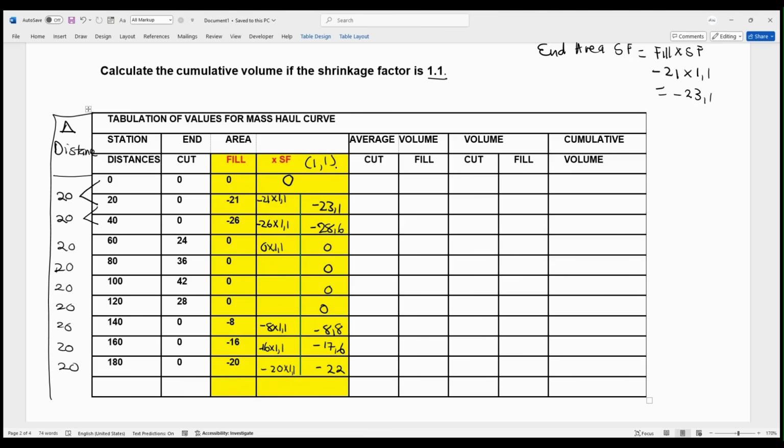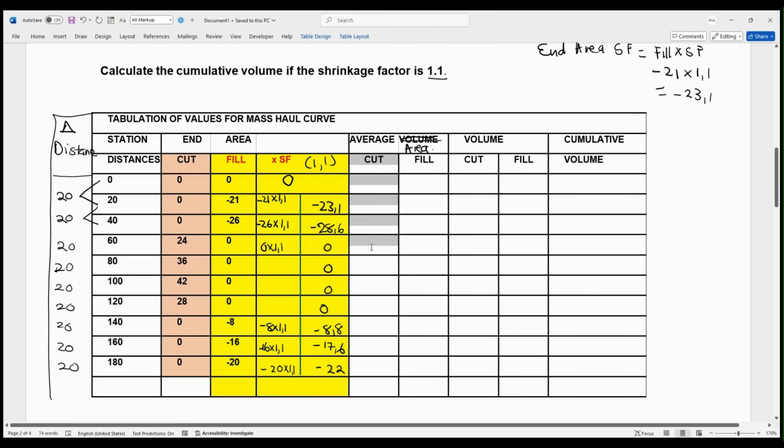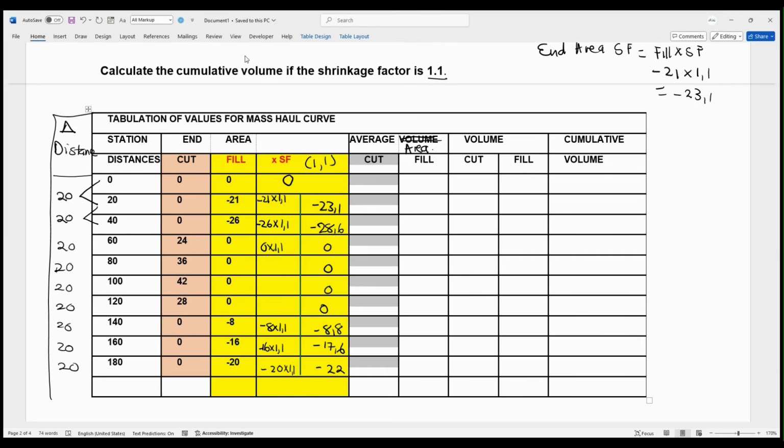The next calculation is the average area.